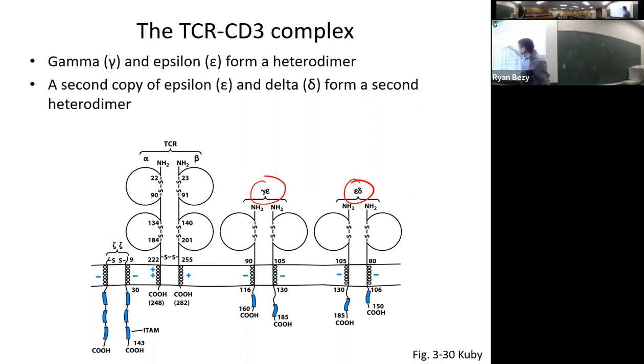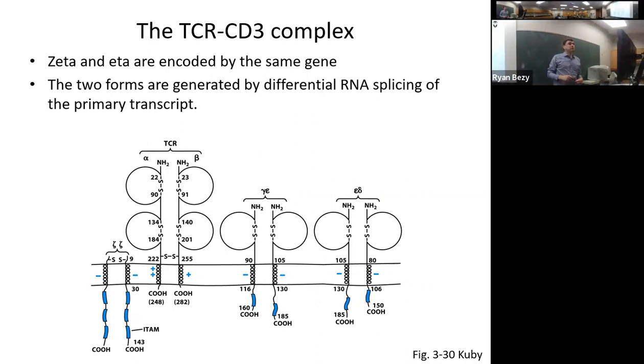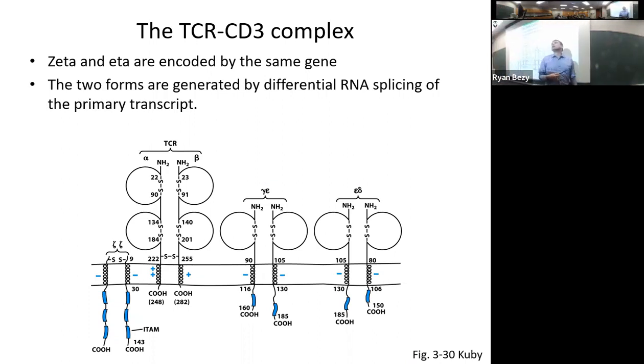This will complex with an epsilon and gamma protein, and then an epsilon and delta protein complex. And then in addition to all of that, you also either get zeta or eta. In this case, I have a zeta-zeta homodimer, but sometimes you get an eta homodimer as well.